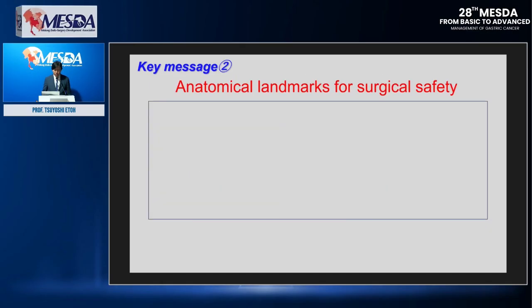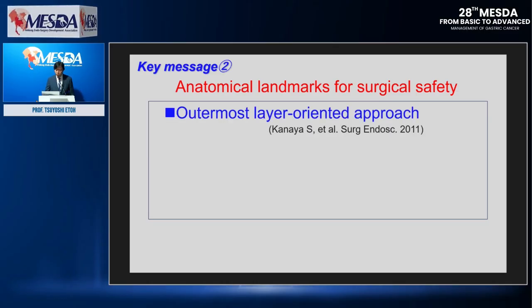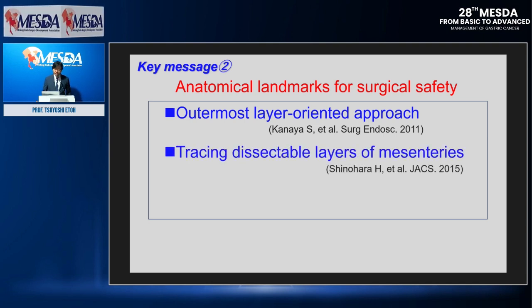And the next message is anatomical landmarks for surgical safety. The first is the outermost layer-oriented approach. Many previous speakers talked about the outermost layer. The next is tracing the dissected layers of mesenteries. I mean, gastric mesenterectomy is very important in gastric cancer surgery, as well as in colorectal surgery.